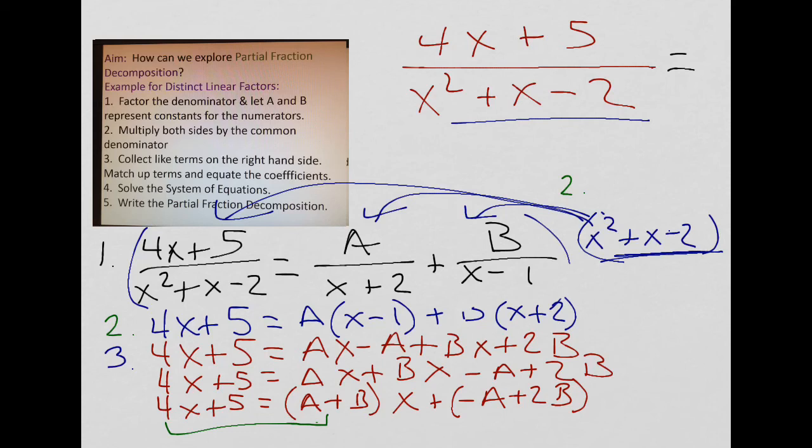On the left side of the equation, we have 4x. So 4 is being multiplied by x. And on the right side of our equation, the quantity of A plus B is multiplied by x. That means that they must be equal.